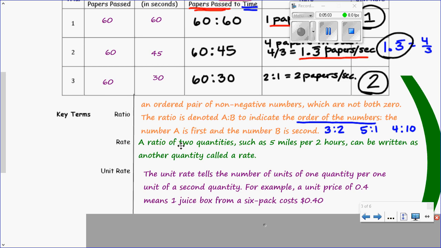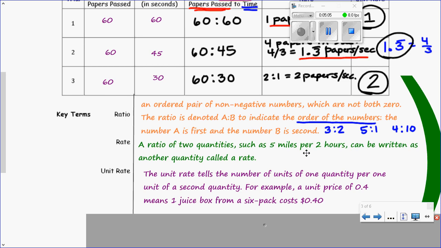A rate is a ratio of two quantities such as 5 miles per 2 hours, and it can be written as another quantity called a rate. So 5 miles per 2 hours. Now, that wouldn't be driving. What would that be? If you went 5 miles in 2 hours, I would say you would just be walking.